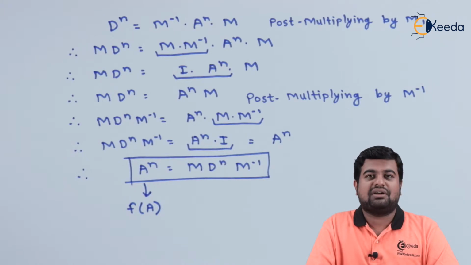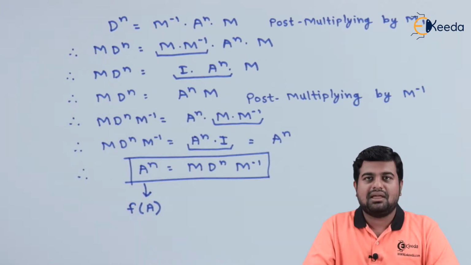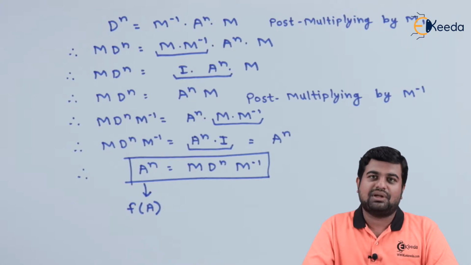So if we have tan of A, I'm going to have tan of D raised to n, applied to each and every element, and we are going to multiply the same with M inverse, D raised to n and M to get the desired result. So let's focus upon the problems.